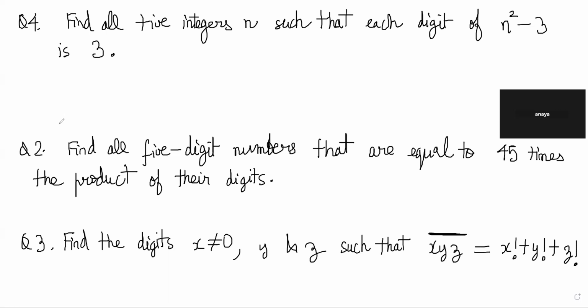Find all positive integers n such that each digit of n squared minus 3 is 3. Okay, that's about it. These 4 problems you need to try.